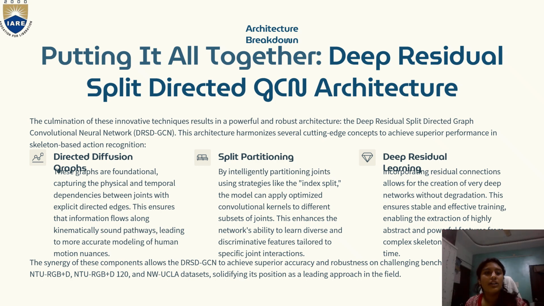These graphs are foundational, capturing the physical and temporal dependencies between joints with explicit directed edges. This ensures the information flows along kinematically sound pathways, leading to more accurate modeling of human motion. The synergy of these components allows the DSRD GCN to achieve superior accuracy and robustness on challenging benchmarks: NTU RGB+D, NTU RGB+D 120, and NW-UCLA datasets, solidifying its position as a leading approach in the field.